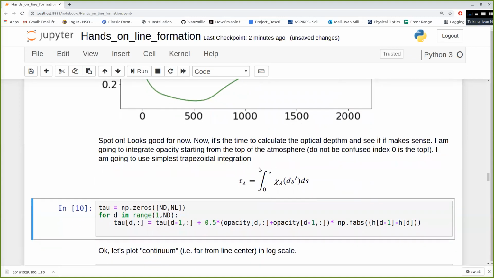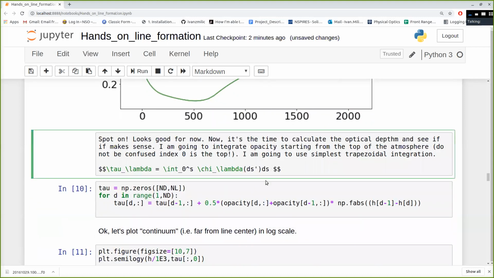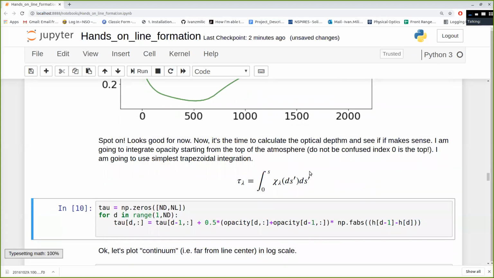Does this make sense? Sorry, I'm missing a prime. So the optical depth corresponding to some distance s is the integral of the opacity times the elementary path.